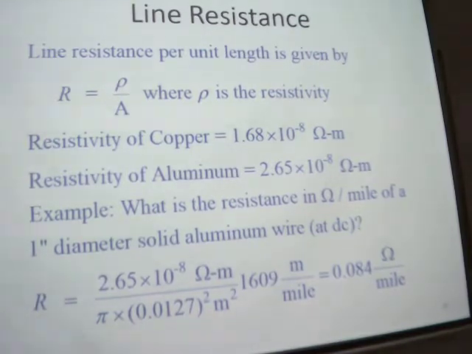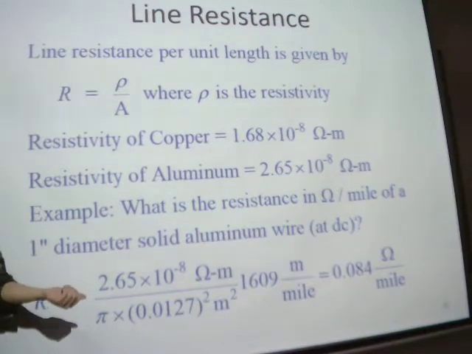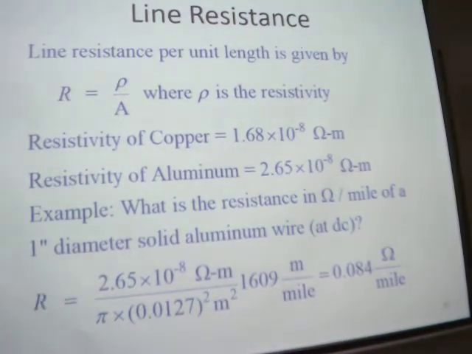For one thing, the utility would spend much more money to build the network. For another thing, we would need much more silver for the transmission line, because silver is one of the valuable metals.